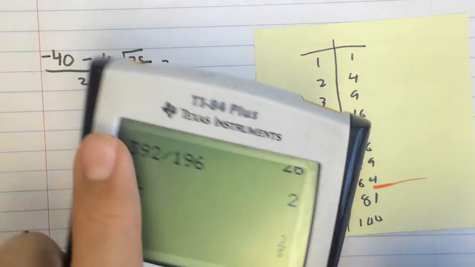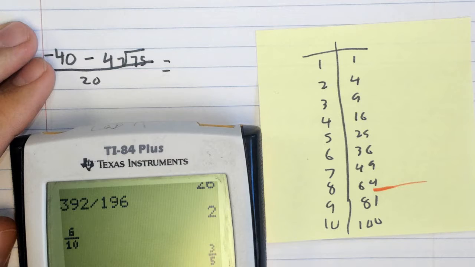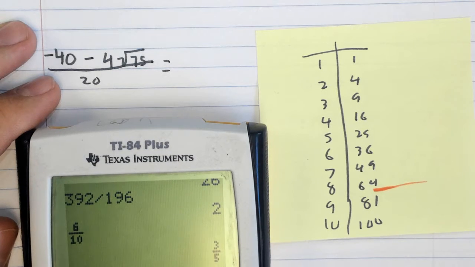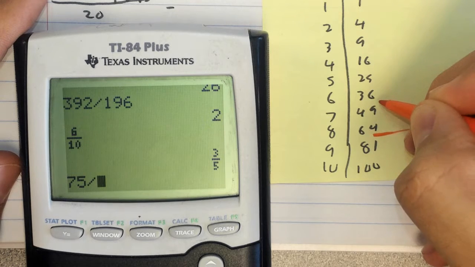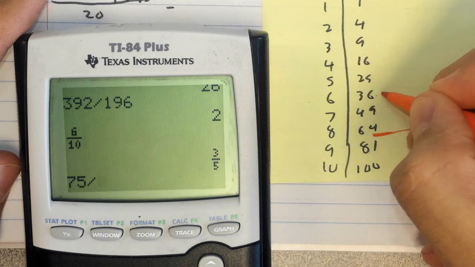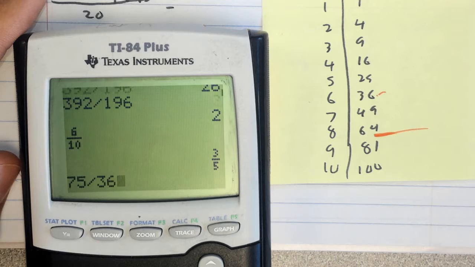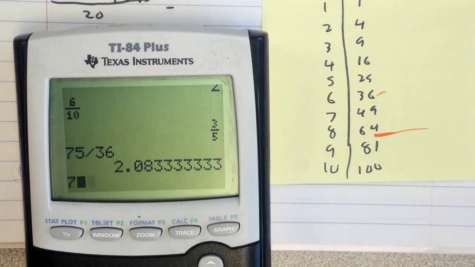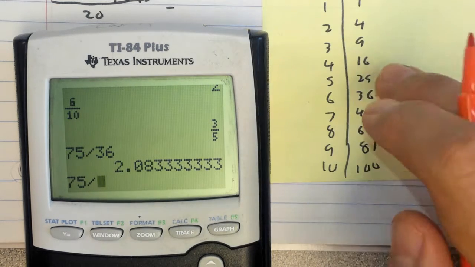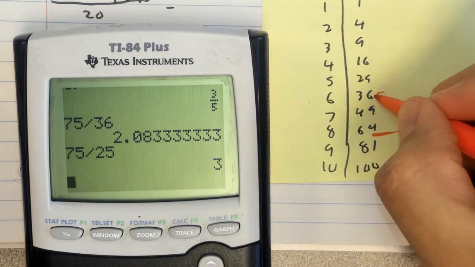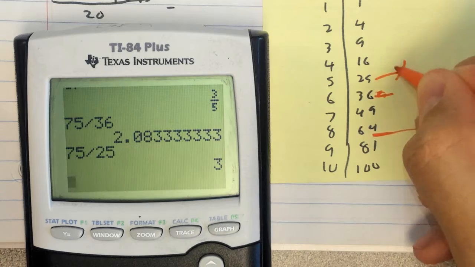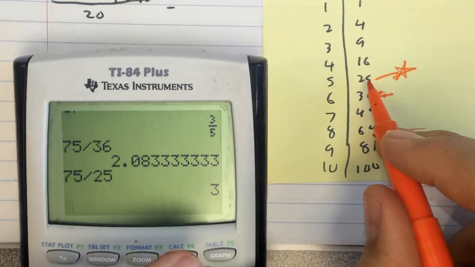I'm going to start dividing, get my calculator out, and do 75 divided by, and I'm going to start about halfway. Halfway would be, let's just call it 36. 75 divided by 36, no, that doesn't work. 75 divided by the next one, which is 25. Enter. 3. So I'm going to take that 25.